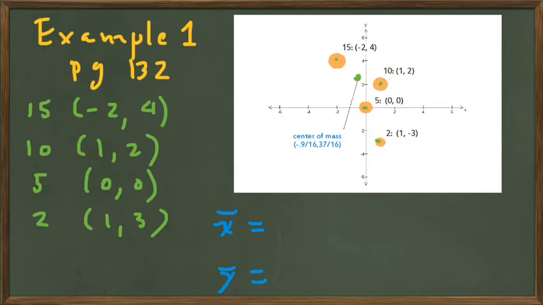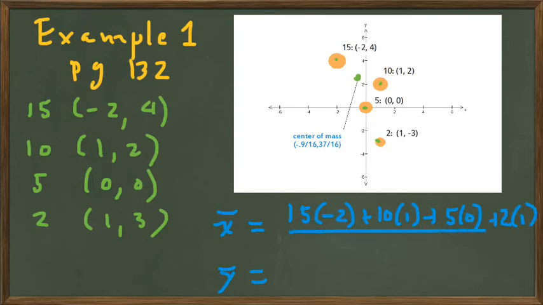The moments for the x direction are going to be the weight times how far it is from the origin, plus the second weight, which is 1 unit from the origin, plus the weight 5, which is at the origin, plus the weight 2, which is 1 unit to the right of the origin.